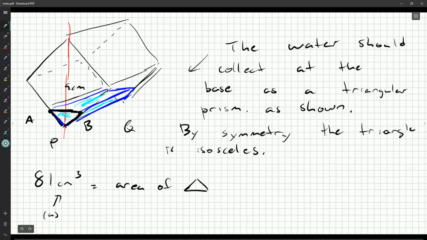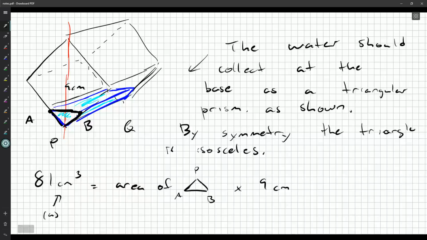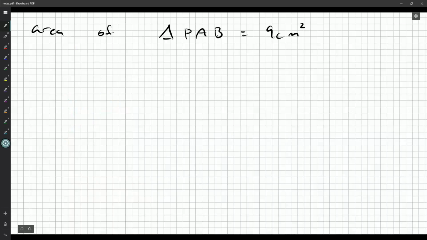So the area of triangle PAB times 9 centimeters. So what does that tell me? That tells me the area of triangle PAB, just dividing both sides by 9, must be 9 centimeters squared. Because in total we've got 81 centimeters cubed, so divide by 9 centimeters. Centimeters goes down by 1, 81 over 9 is 9. So we'll get 9 centimeters squared.